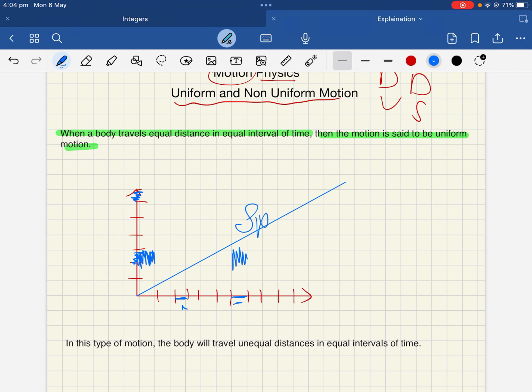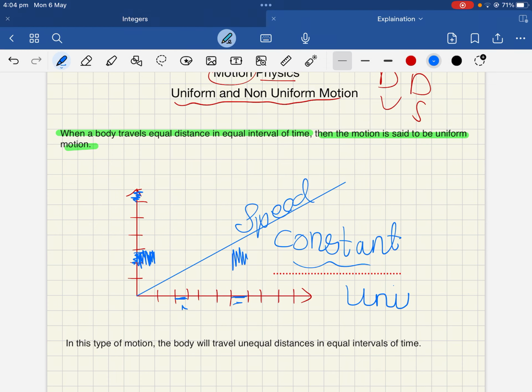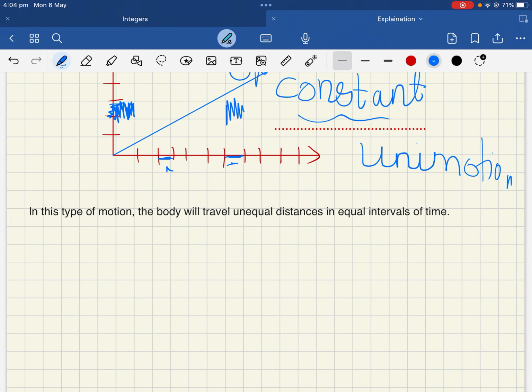This slope is the speed, and the speed is a straight slope, meaning the speed is constant. Thus, the motion is uniform motion.